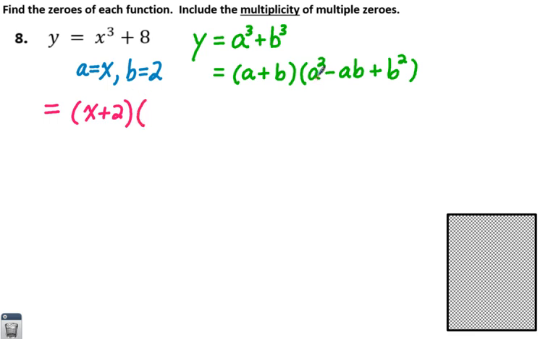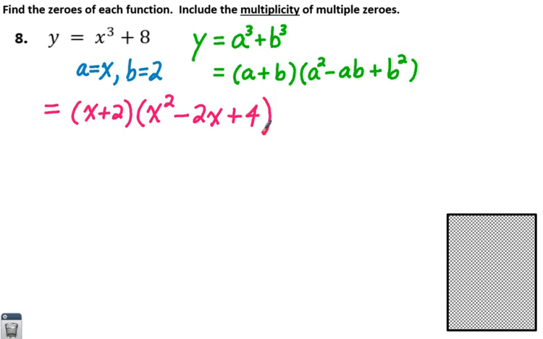Then another bubble for a squared minus ab plus b squared, which is x squared, minus 2x, plus 4.